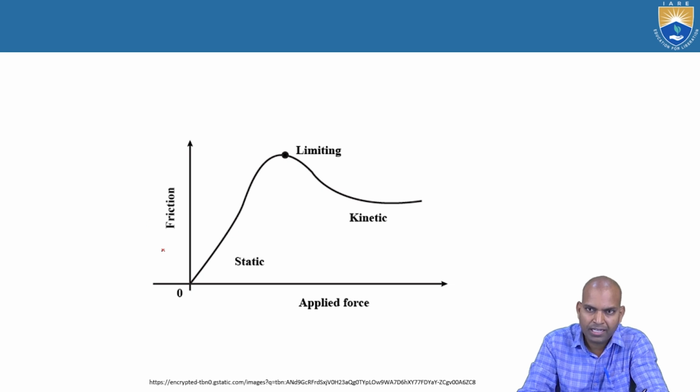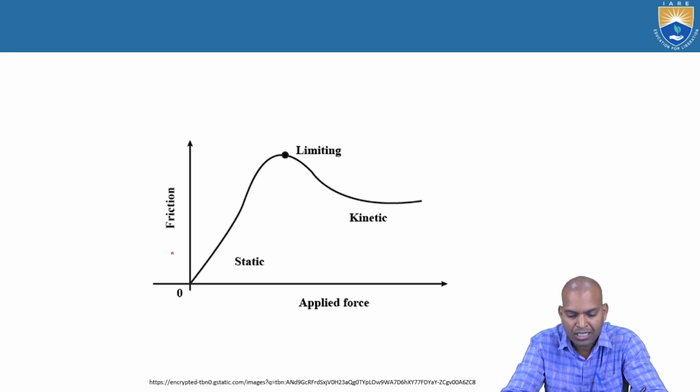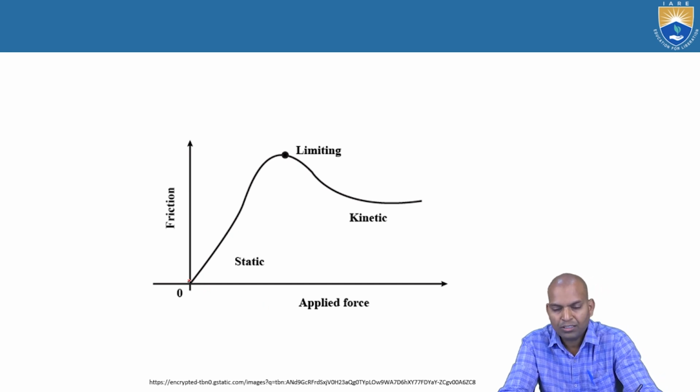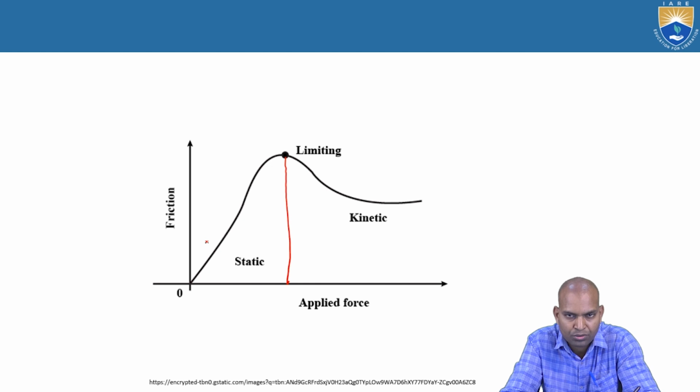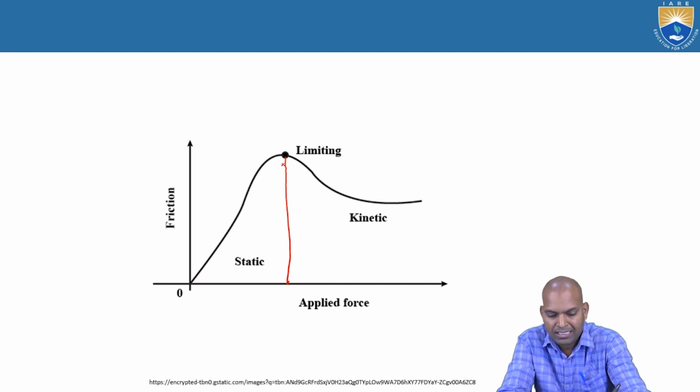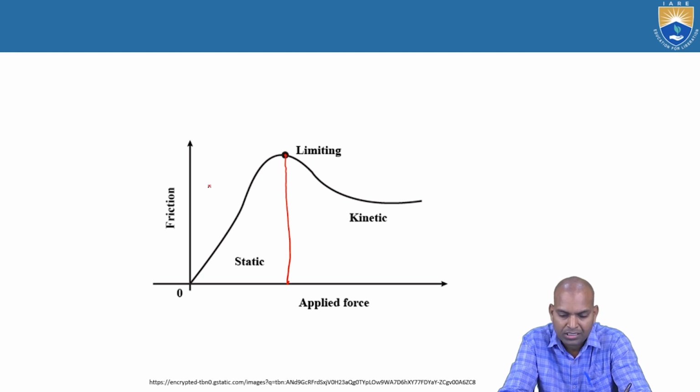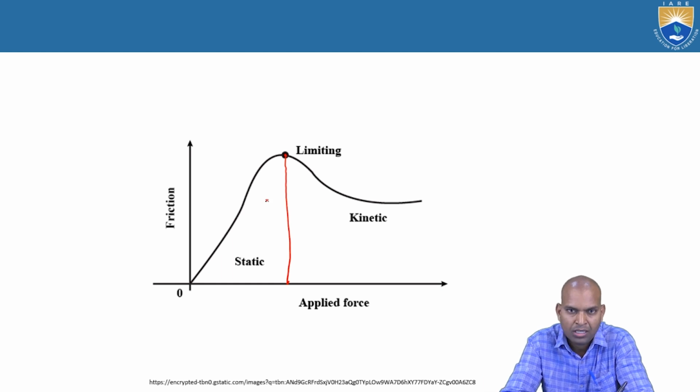Now, this diagram shows the relation between the friction and the applied force. There are two zones: one is the static friction zone and the other is the dynamic friction zone, known as the kinetic friction zone. Geometrically, you may call it the body at rest, or kinetic friction, meaning the body is under motion.